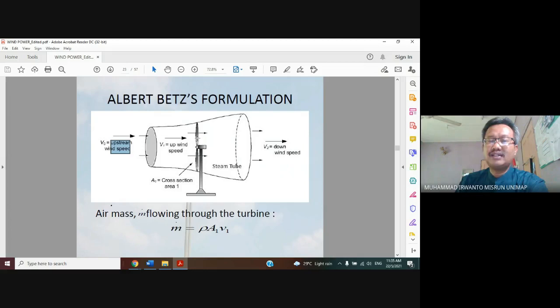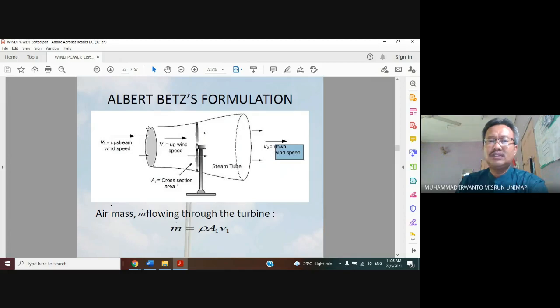V1. After striking this wind turbine, the wind arrives behind the wind turbine. The wind speed we can call the downwind speed, V2. So starting from V0, V1, V2 here, the area of the wind speed forms a stream tube, like this one.